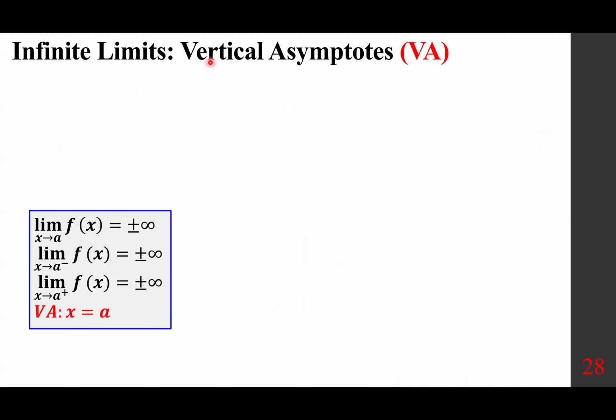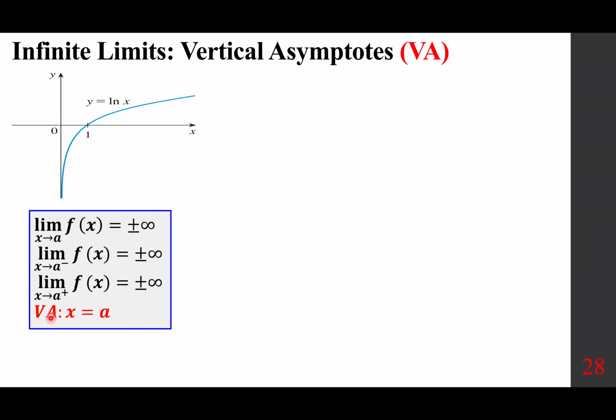Infinite limits, vertical asymptotes. If the limit of f of x as x approaches a, or a from the left, or a from the right, is negative infinity or positive infinity, one of them, then the equation x equals a is the vertical asymptote.